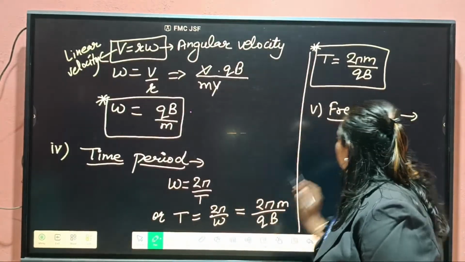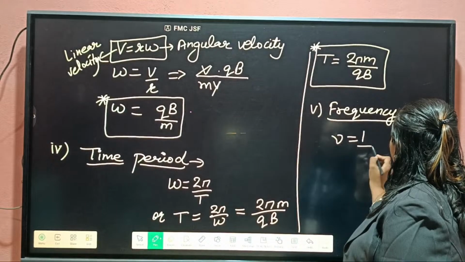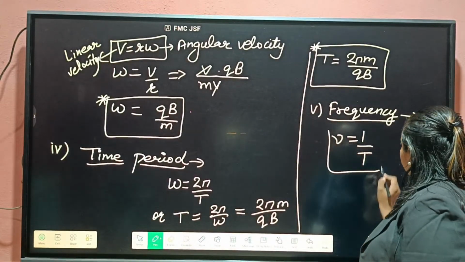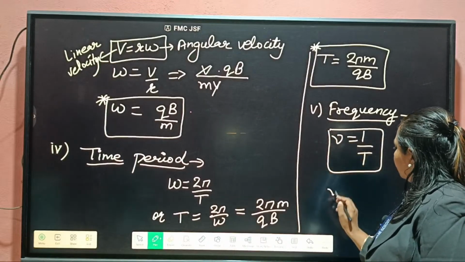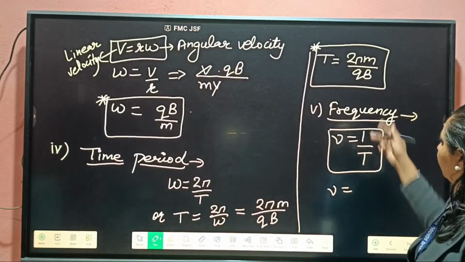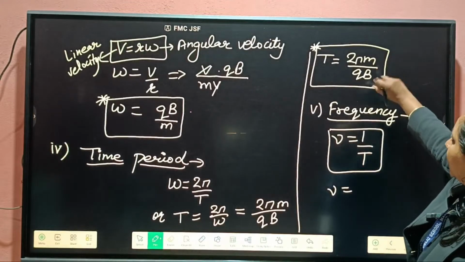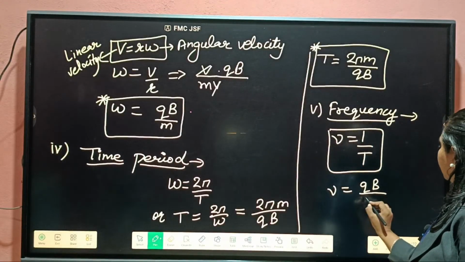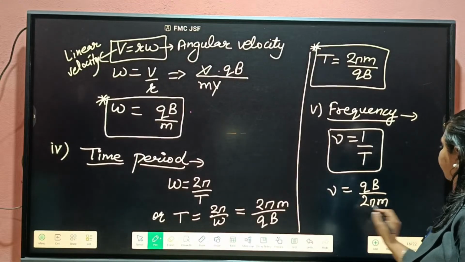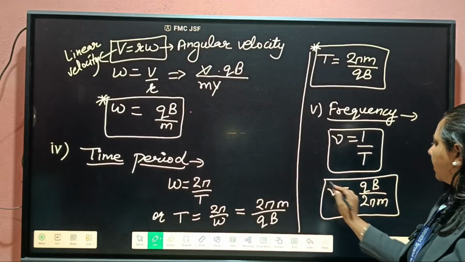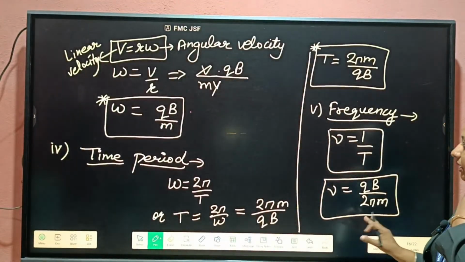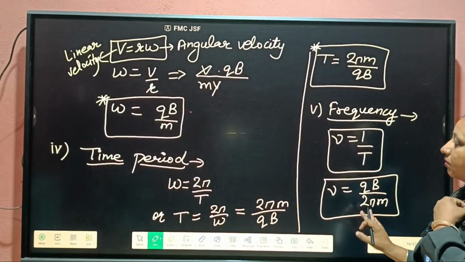That means nu is equal to 1 by t. Nu is the frequency, t is the time period of revolution. So nu is the reciprocal of the time period. Taking the reciprocal of the time period formula, we get qB over 2 pi m. Right? This is how we can find the frequency of the charged particle while moving in circular motion.